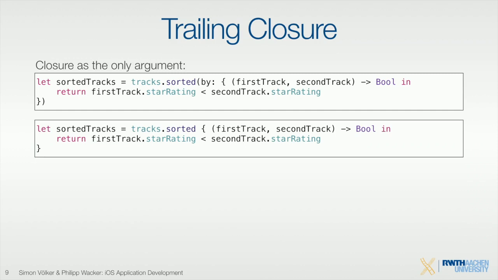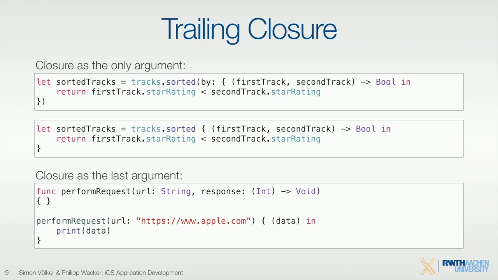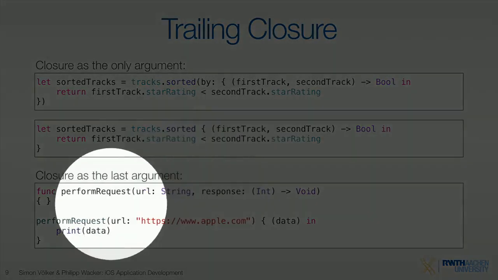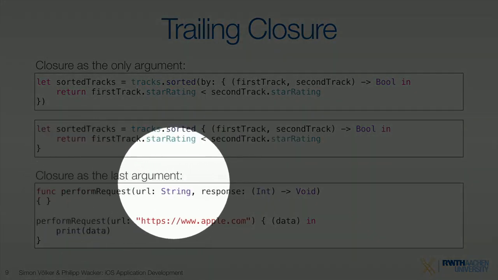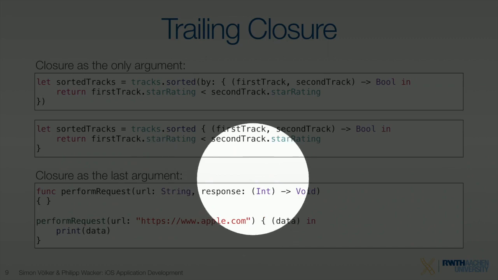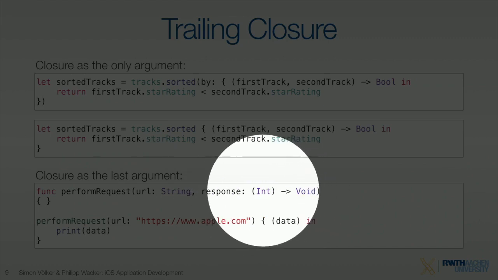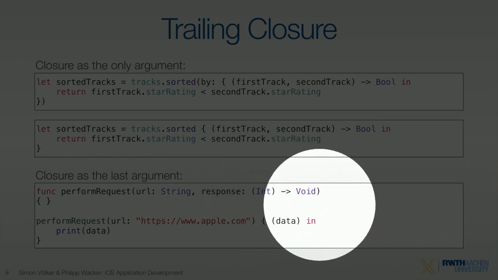Similarly, if there are multiple parameters that are passed over, and the last of those parameters is a closure, you can also drop the brackets there and just have the closure trailing behind it. So here we have a method that takes two parameters. One is a string, and the other one is a closure, a closure that takes an integer and returns nothing.